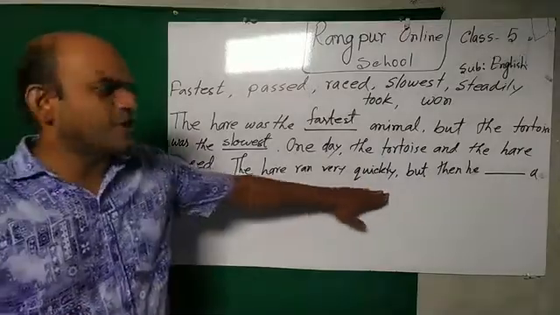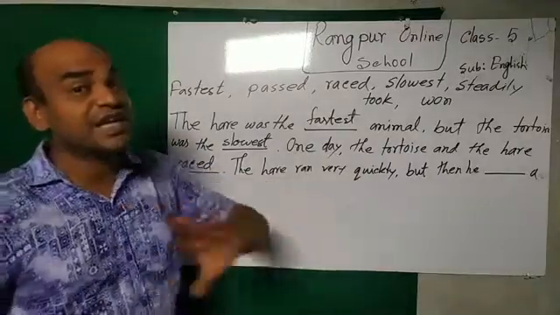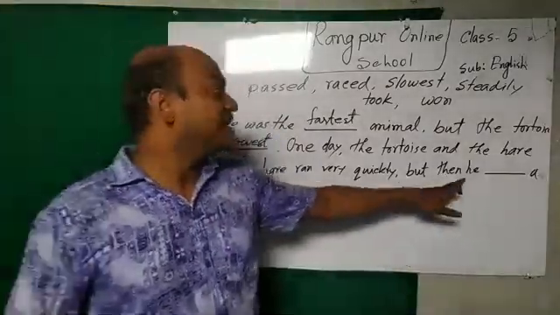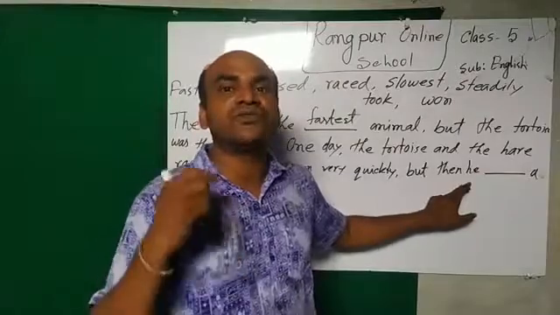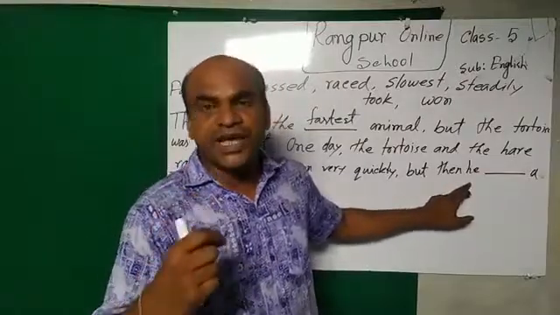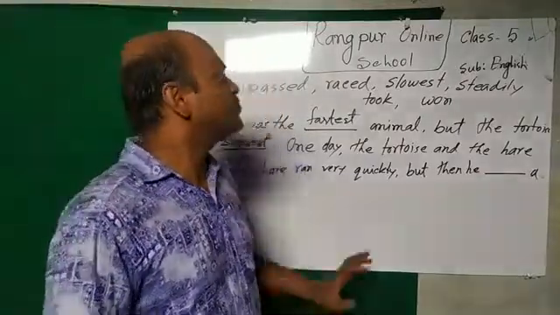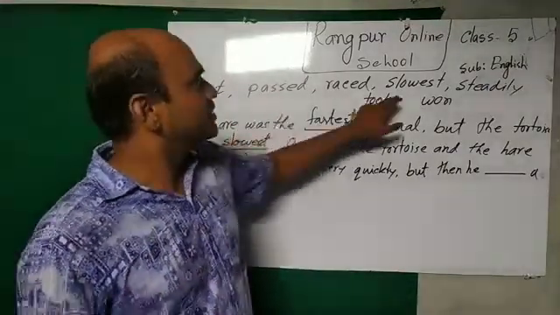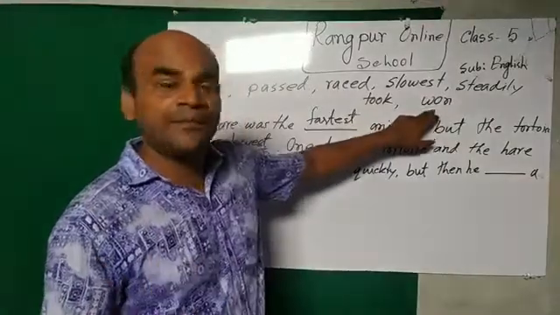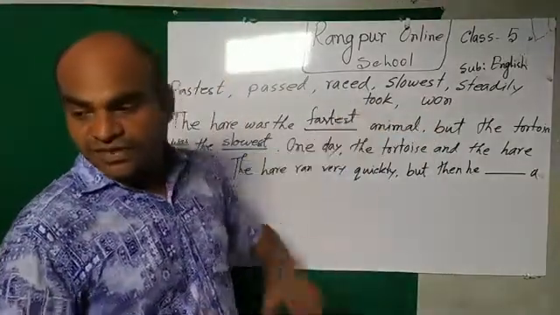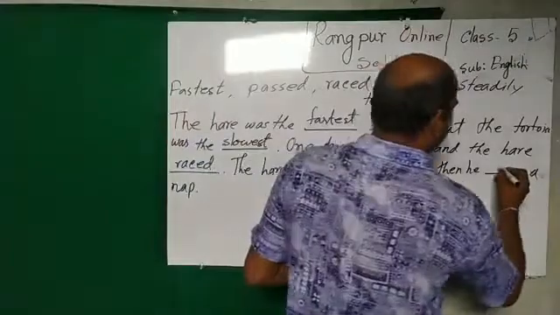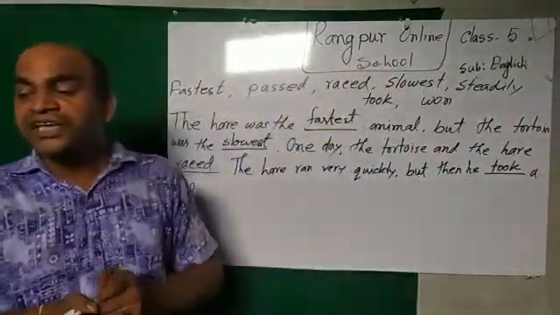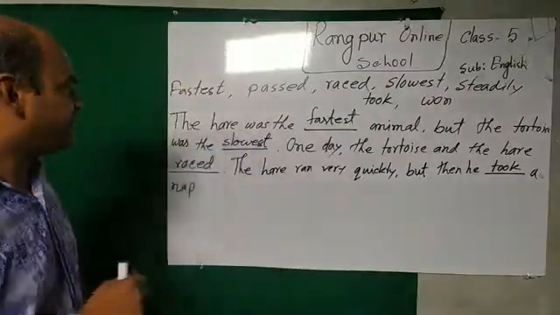He is a subject, and you need to put a verb. Which will be here? Past. He passed a nap? He took a nap. He took a nap.